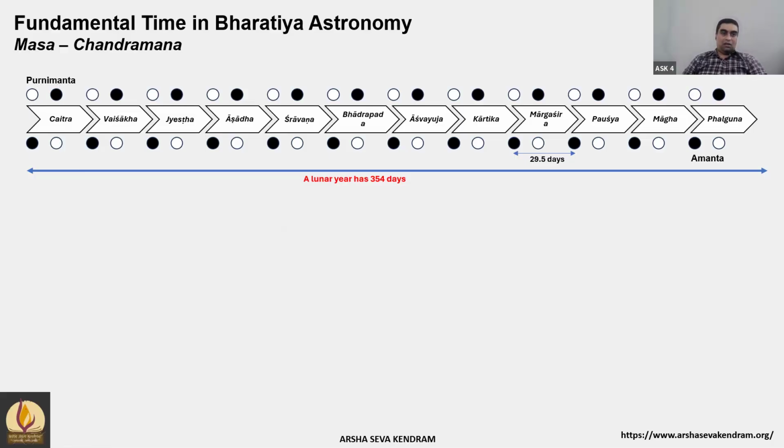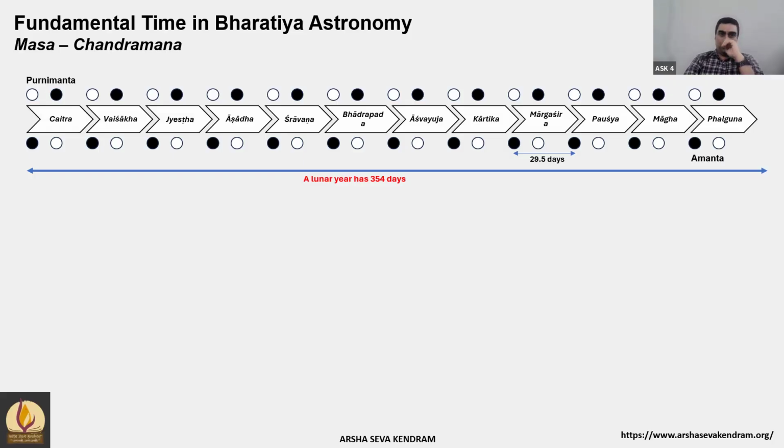We discussed this briefly in the last class as well. And in the Amanta system, the year starts with the new moon, and with every new moon, a new month starts, and it goes like that. The duration of 1 month is 29.5 days, as we saw. 29.5 multiplied by 12 gives you a lunar year of 354 days, right?